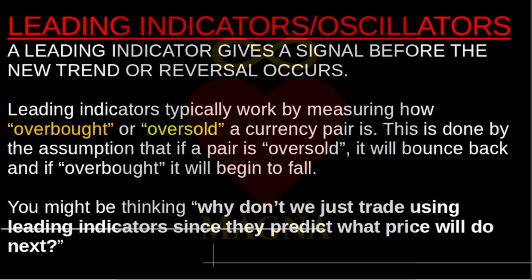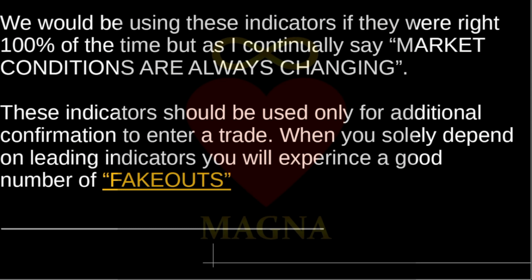So you can just use indicators to add on to your confluences to see if the indicator is actually right. And if your confluences are in alignment with your indicator, you can then have more confidence in taking your trade. We would be using these indicators alone if they were right 100% of the time. But as I continually say, market conditions are always changing.